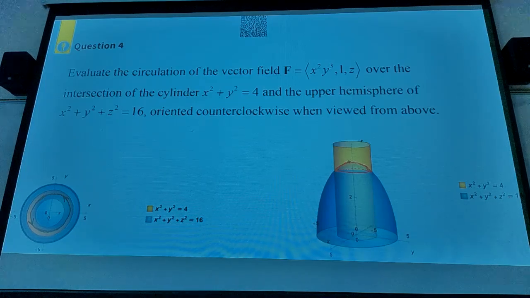And the radius at that point is, oh, no, not 4. It's the radius of the cylinder. You get 4 cosine squared of phi is equal to 12.